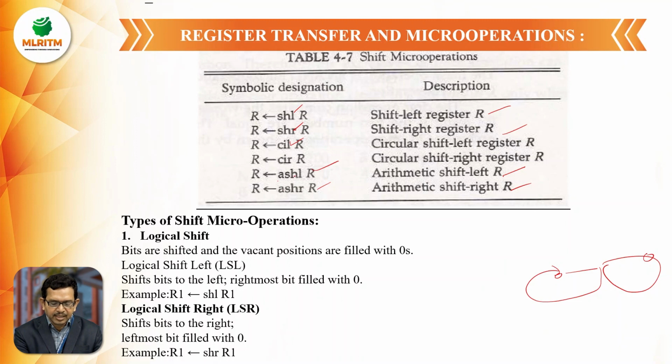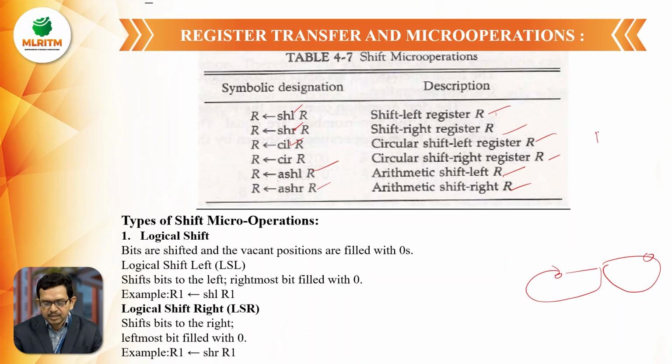ASH indicates arithmetic shift, L indicates the data is moving to the leftmost position, and ASHR indicates the data is going to move to the rightmost position. So majorly these six are considered the major operations performed in shift operations.